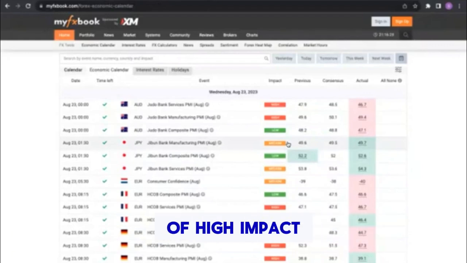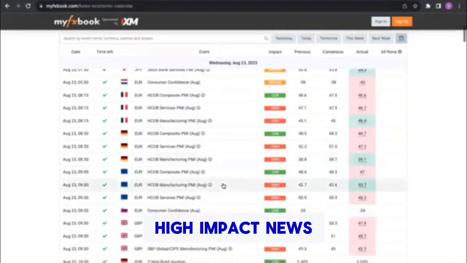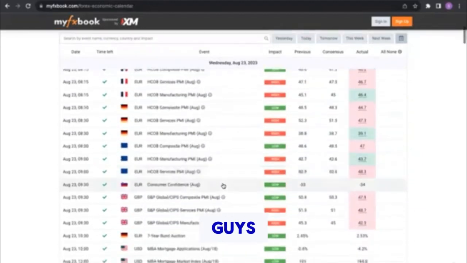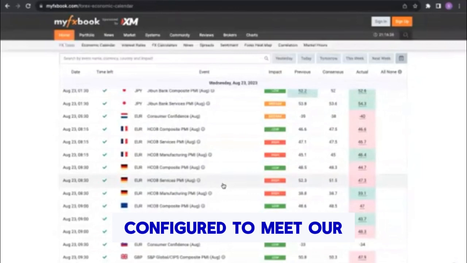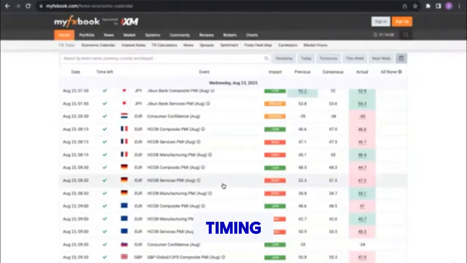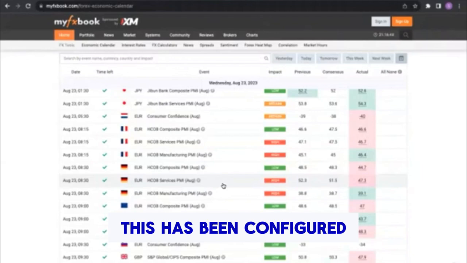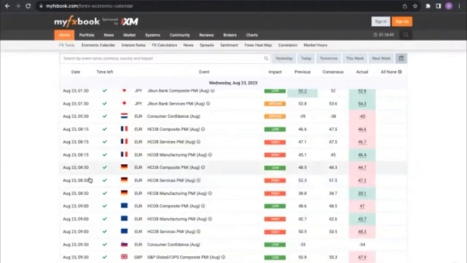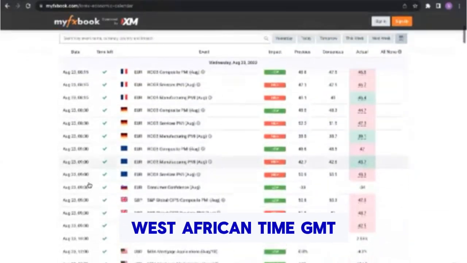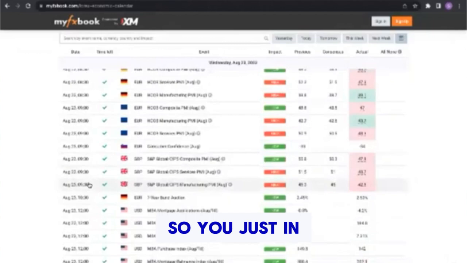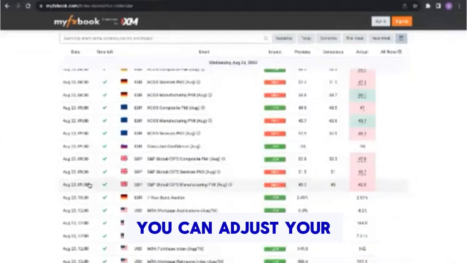When the news is of high impact, you see it in red. This has been configured to meet our timing. Everybody can set their own timing. This has been configured for West African time, GMT +1. So in whichever country you are, you can adjust your timing.